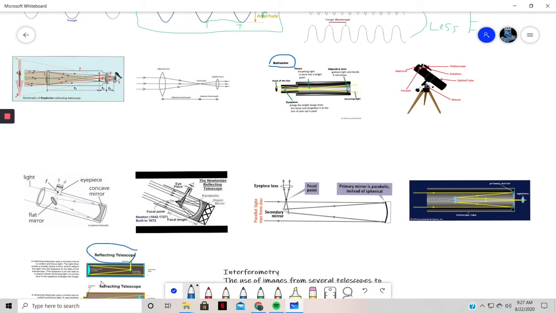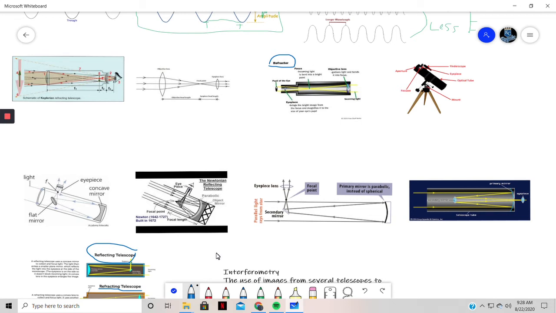And in refracting, it's also listed right here because that's a comparison slide that we'll look at. So of all the telescopes in the world, all of them are one of these 2 types of telescopes. And the only difference between the 2 is the way they deliver the image to your eye.